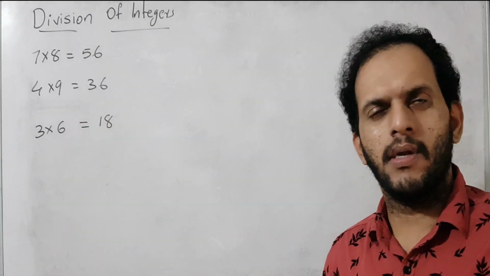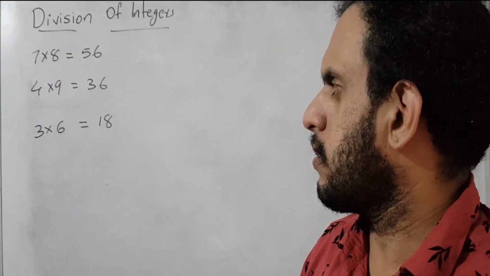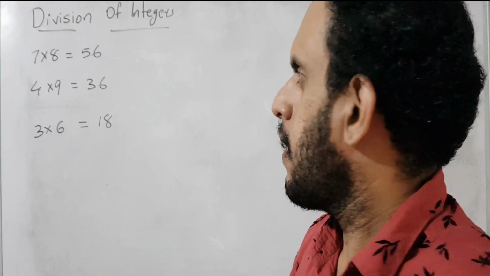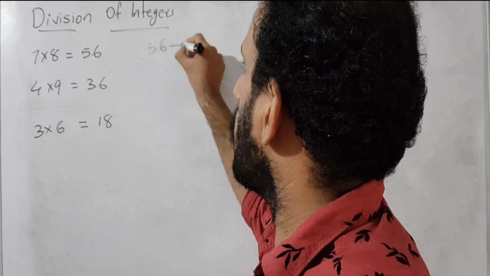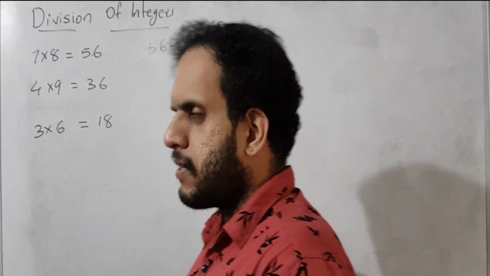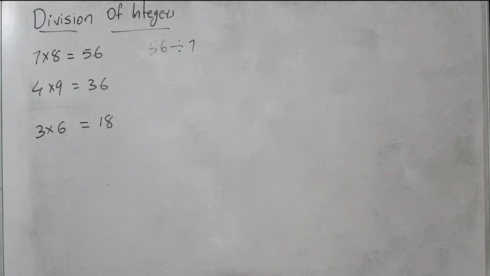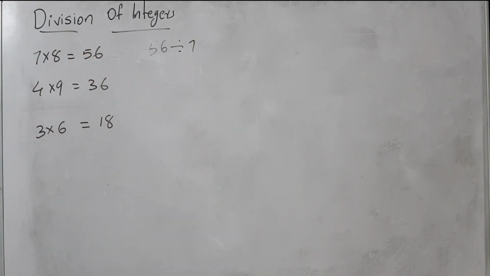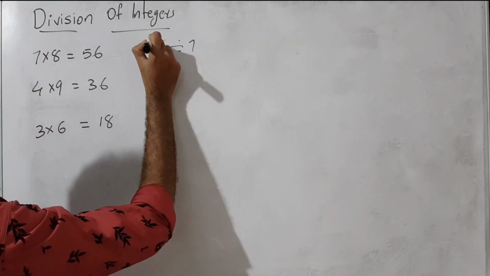We know the multiplication table, so we know that 7 into 8 is equal to 56, 4 into 9 is equal to 36, 3 into 6 is equal to 18. I have written here three multiplications. Next, what is 56 divided by 7?